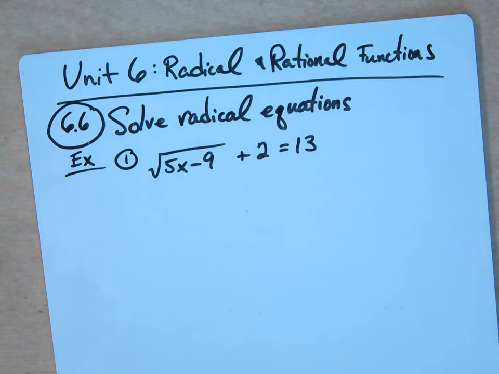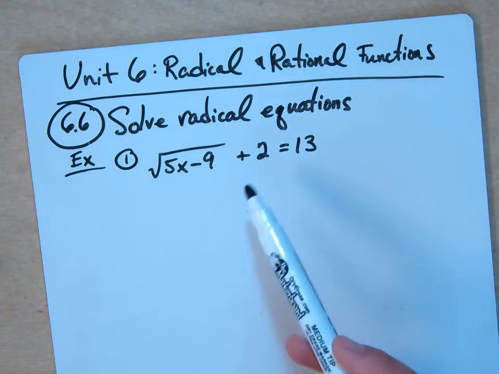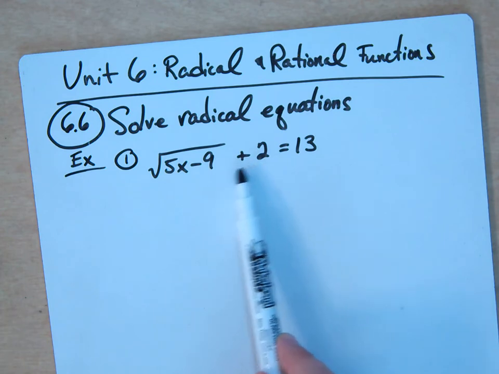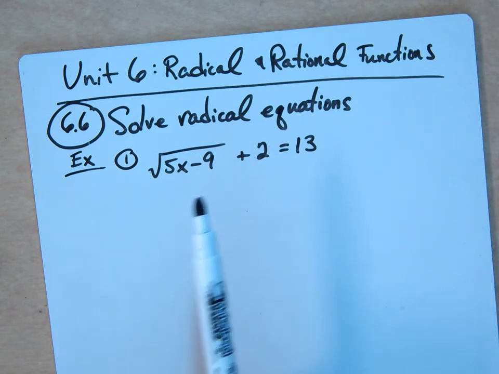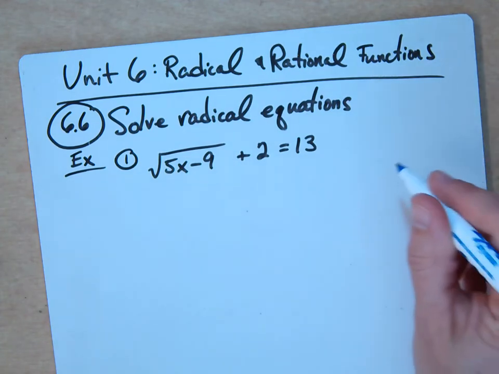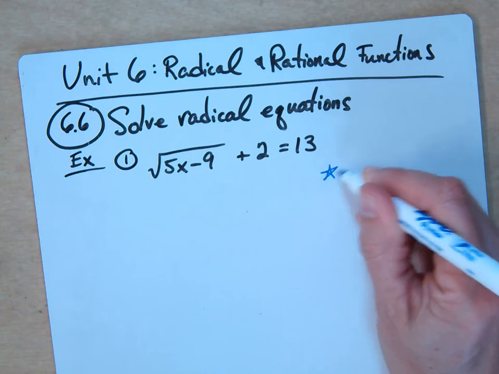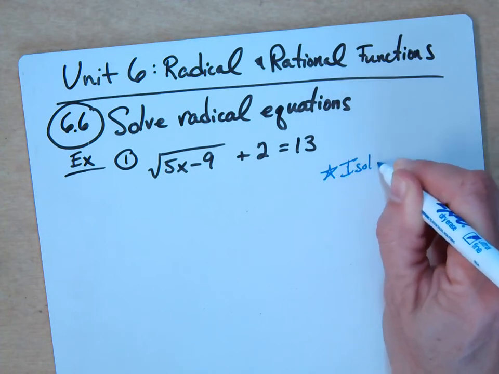Now notice the plus 2 is not under the radical symbol, so it would be wrong to start combining the negative 9 and the 2, because one's under the radical, one's not. So you cannot just do that. But what you do want to always do is isolate the radical, get it by itself.